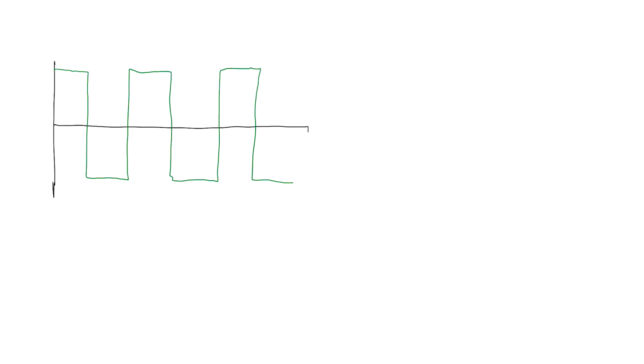Anyway, we want to represent the square wave with sinusoids. What's the reason for that? Well, we understand sinusoids really well in math. We can represent a sine wave by having something like this.